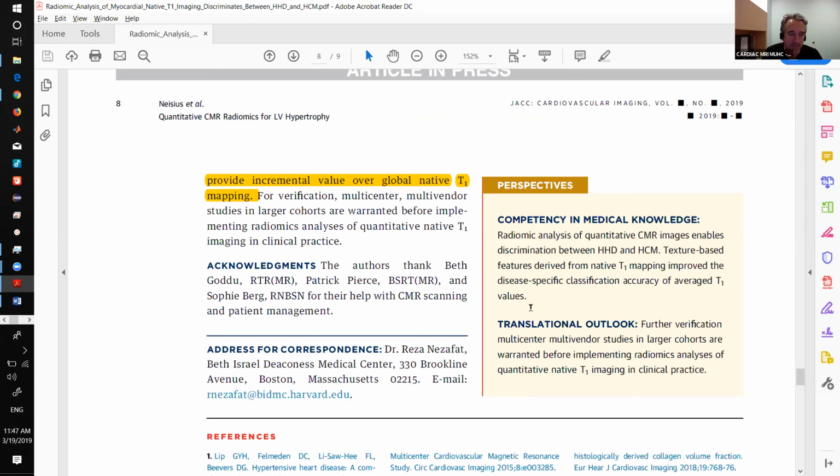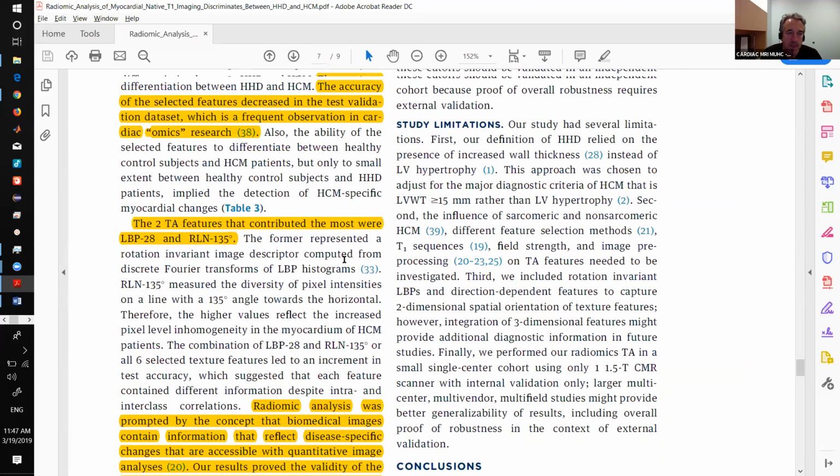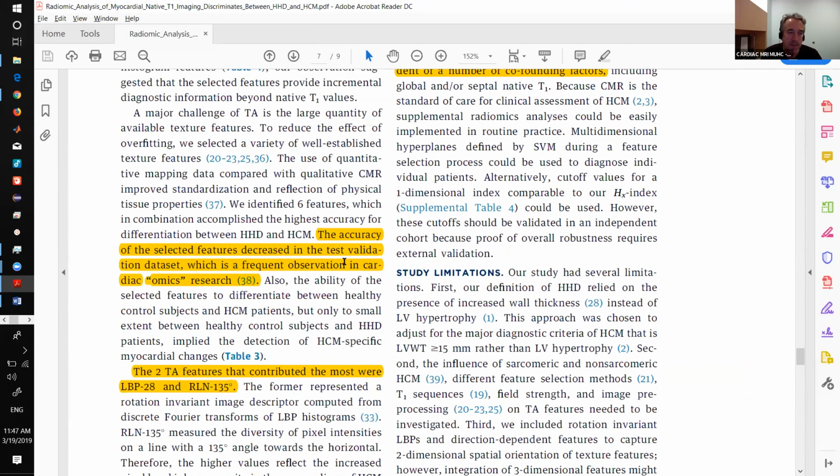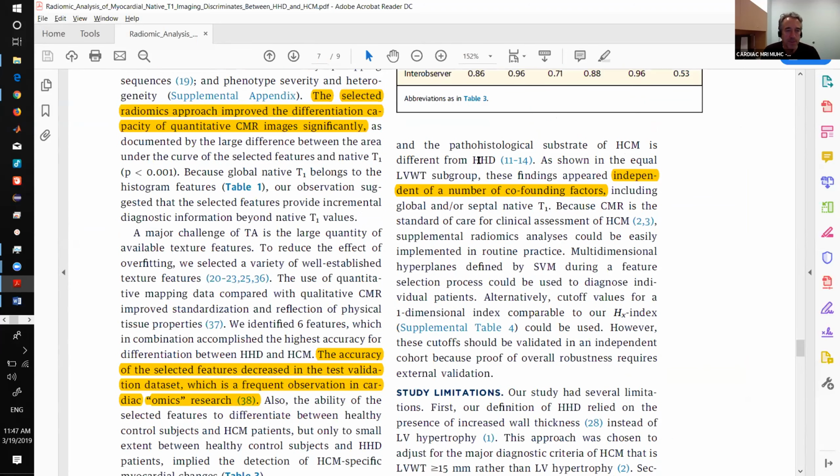So in a nutshell, for people who are not that familiar with machine learning, can you briefly describe, because apparently what you're doing is you're identifying certain patterns or characteristics in the T1 maps that further improve the accuracy of the map to discriminate between the two diseases.